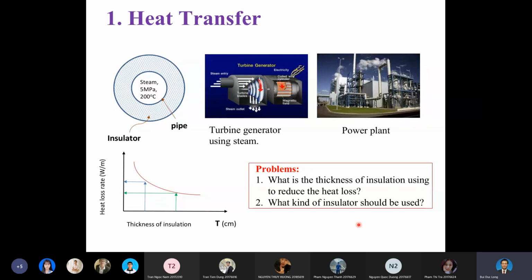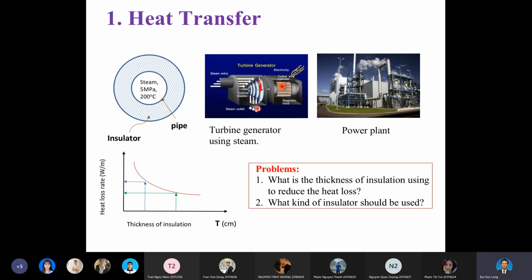And here, the power plant is also very important. It involves heat transfer to rotate the turbine. Water needs to be heated into steam, right, with high temperature and high pressure, to rotate the turbine to generate electricity.